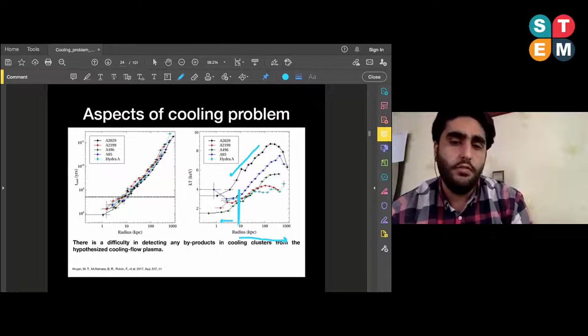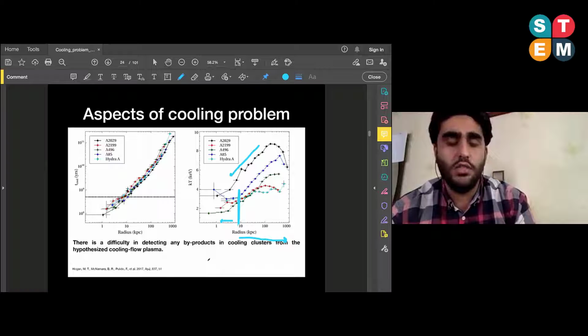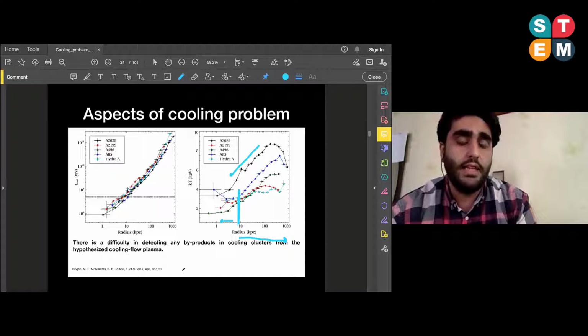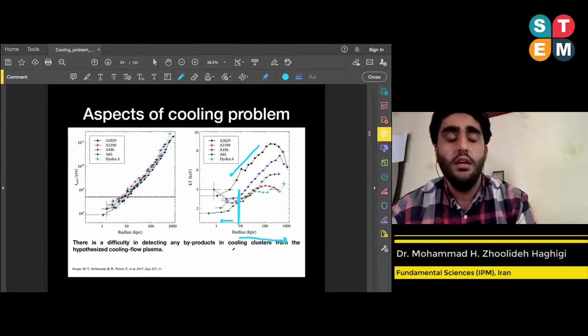Because in the central parts the X-ray emission is stronger than in the outskirts, we expect the temperature to decline more dramatically in the central parts. But what we observe is completely different.